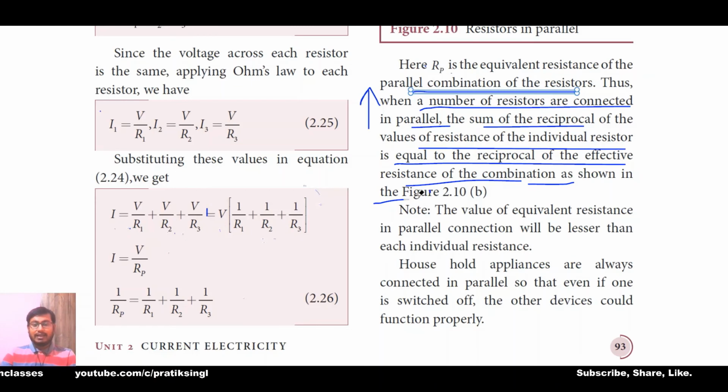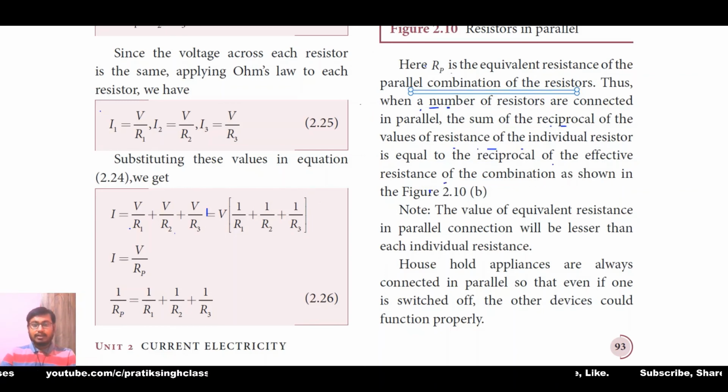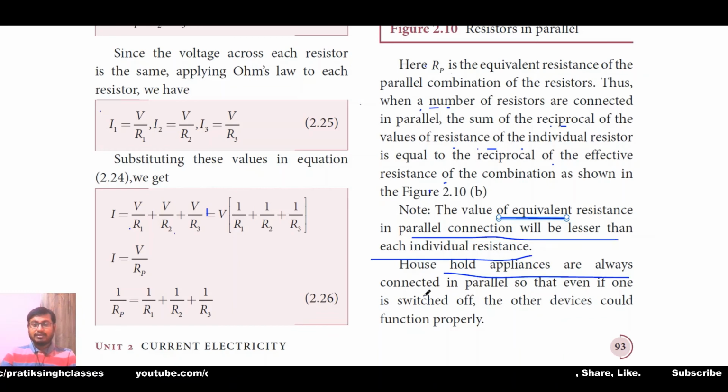That is why in our home appliances, resistors are connected in parallel, not in series. Okay, and that is how we get a lesser amount of current used, and so a lesser electricity bill which we have to pay every 2 months. The value of equivalent resistance in parallel connection will be lesser than each individual resistance. Household appliances are always connected in parallel, so that even if one is switched off, the other device would function properly.